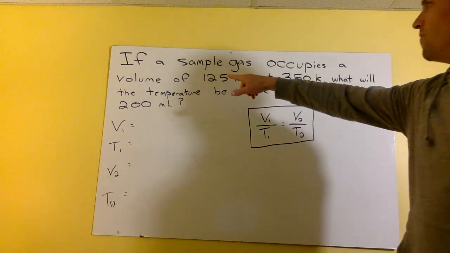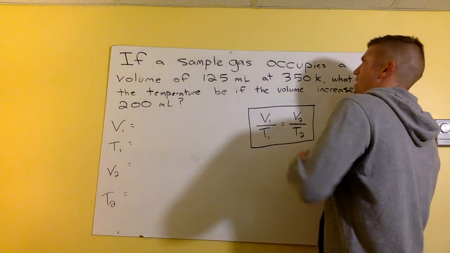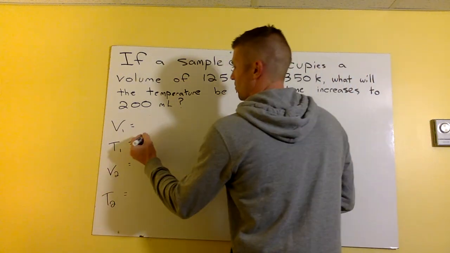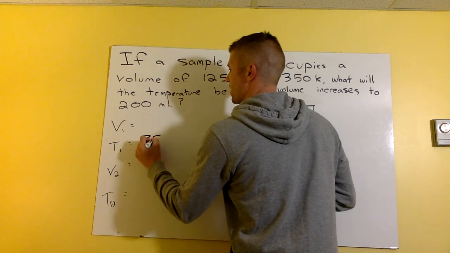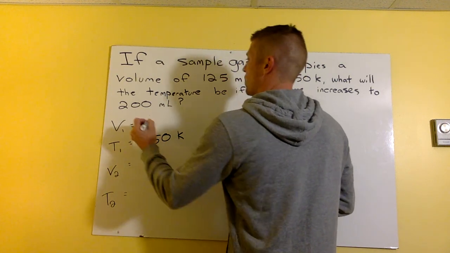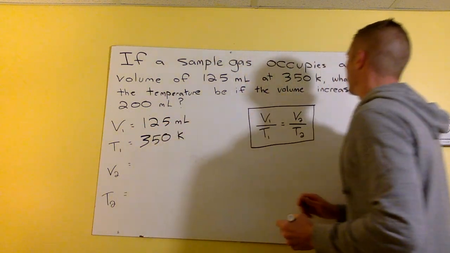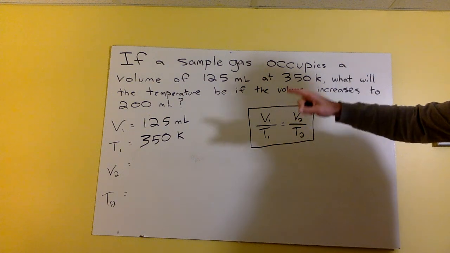A sample of gas occupies a volume of 125 at 350 Kelvin. We know that Kelvin is my temperature, so T1 is 350 Kelvin, and V1 is 125 milliliters. It says, what will the temperature be?